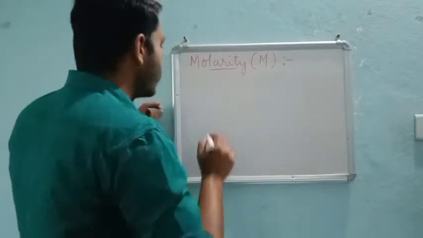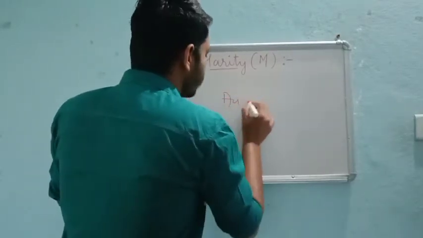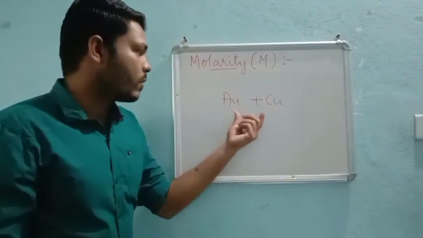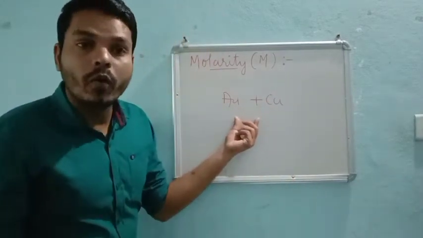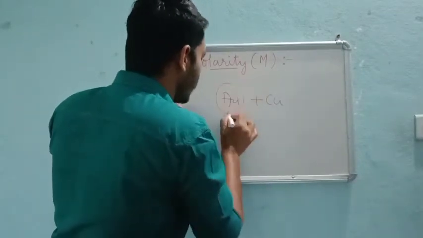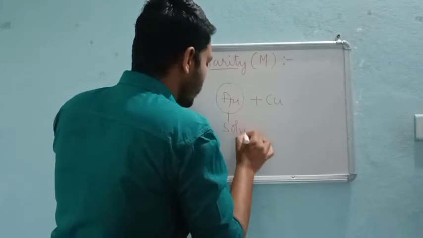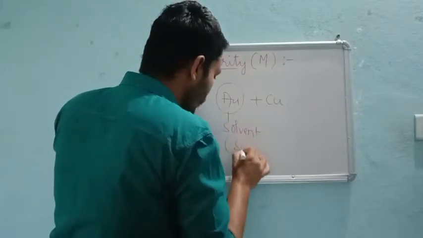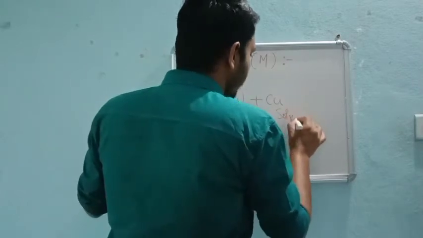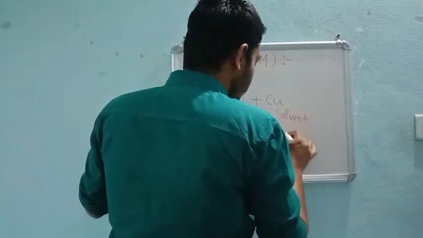For example, gold, if it is mixed with copper, then we say it is impure gold, right? So here gold is acting as the solvent, which is a solid, and copper is acting as the solute, which is also a solid.